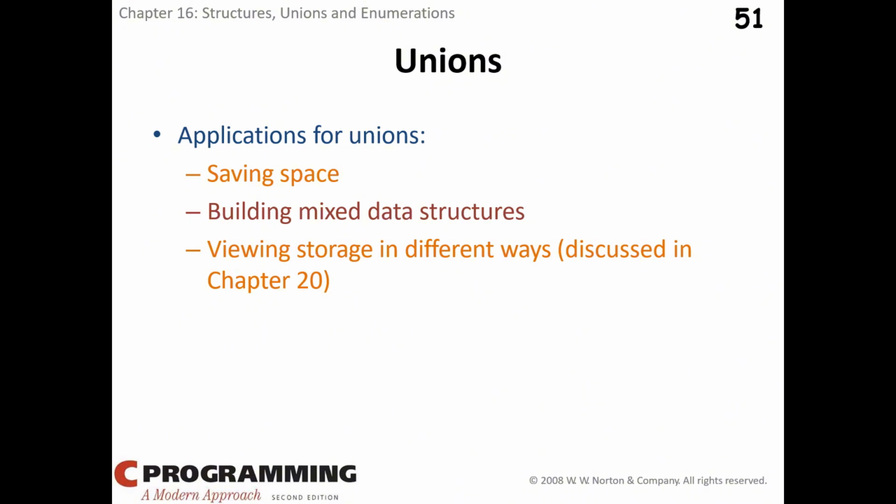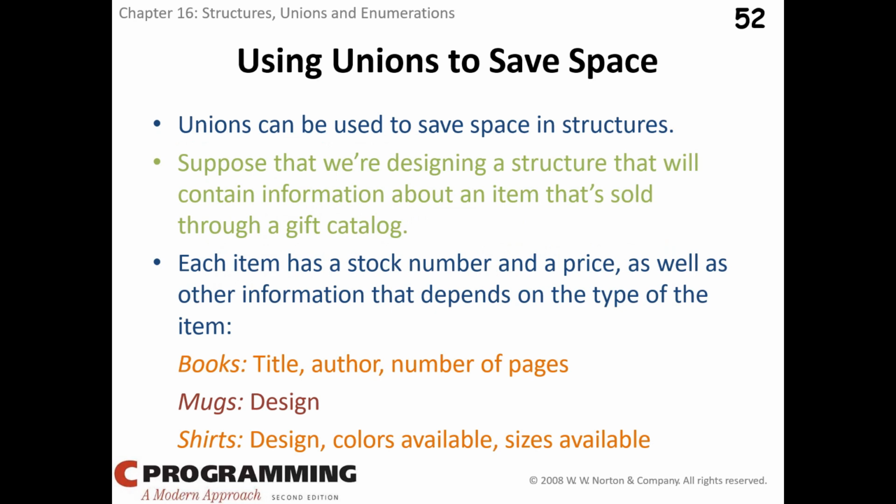Unions allow us to combine different types of data within a single structure, like a struct, for example, providing flexibility in representing complex data. Additionally, unions are useful for viewing storage in different ways.